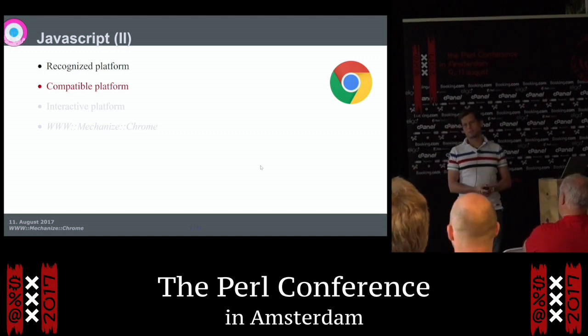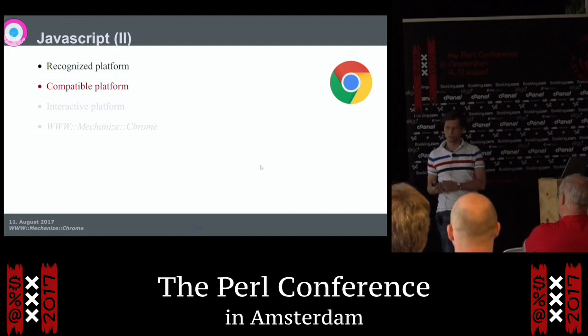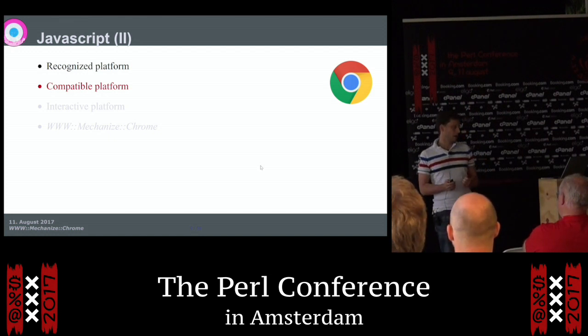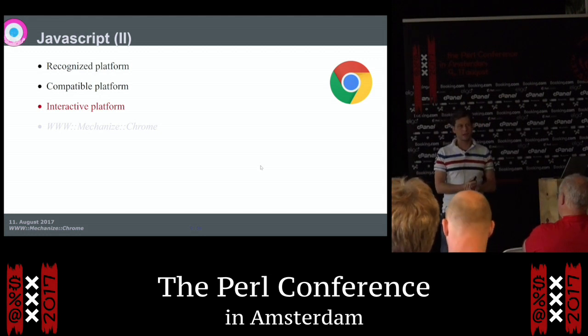It is a recognized platform. It is a compatible platform. I mean, if something works in Internet Explorer, it likely also works in Chrome. And the cool thing about it is it's an interactive platform.